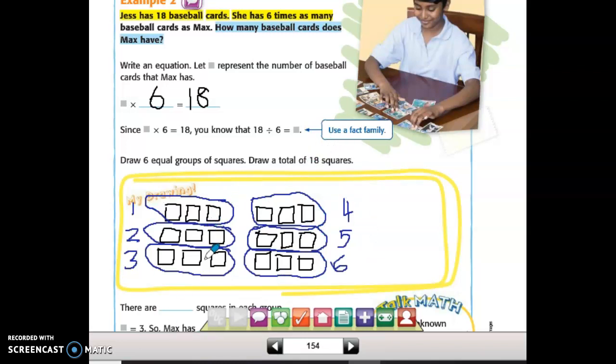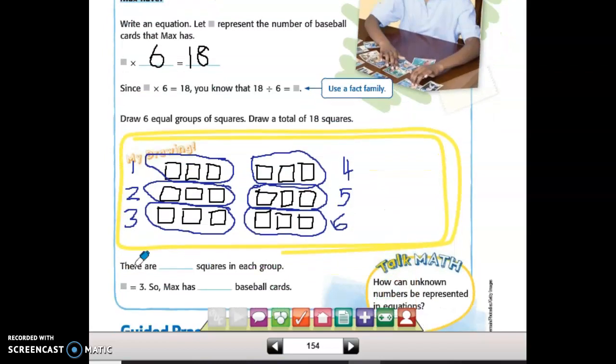You'll see each group has the same number of squares. Each group has 3 squares. Since there are 3 squares in each group, the gray box is 3, so Max has 3 baseball cards. And that's the other way to solve these equations, using groups.